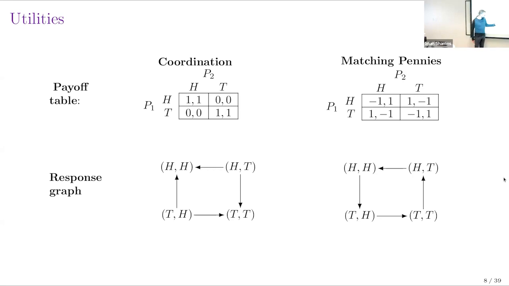And I'm going to draw a directed edge from one vertex to the other only if there is one strategy that is different between those 2 vertices. So I'm not going to connect these 2 together because there are 2 strategies that flip, but I connect the ones that differ in only one strategy. We call them comparable profiles. And I draw the direction of the edge towards the one whose payoff is higher.